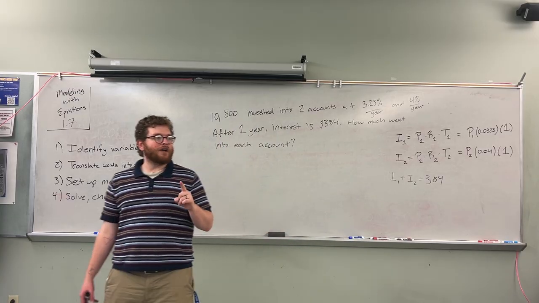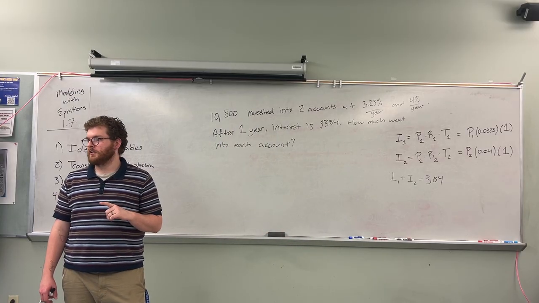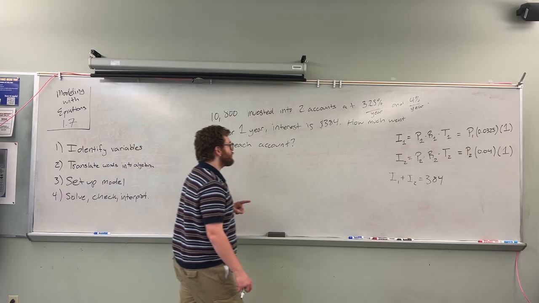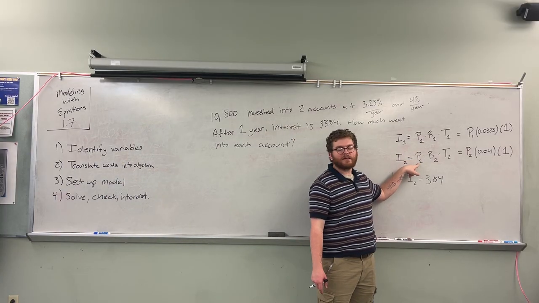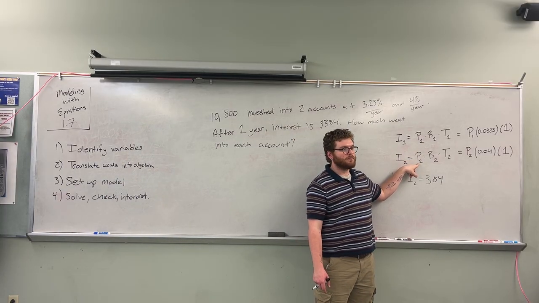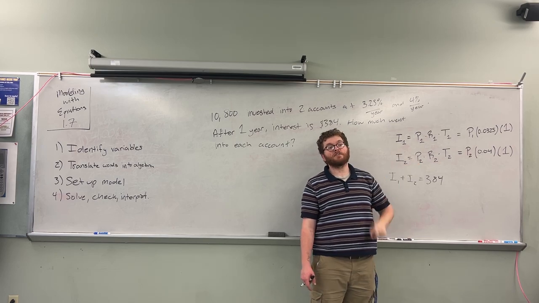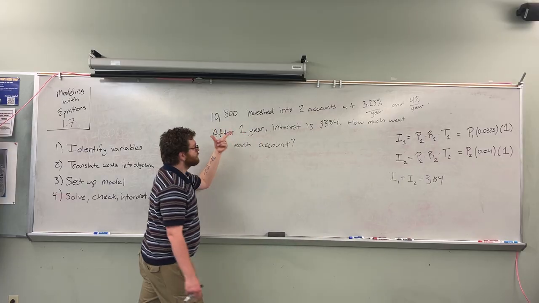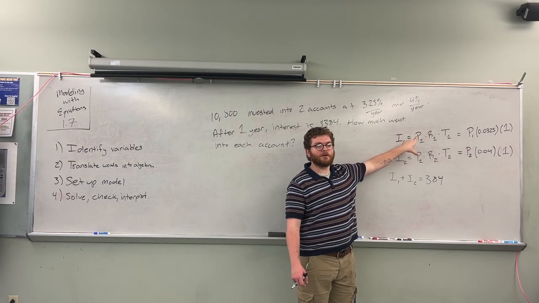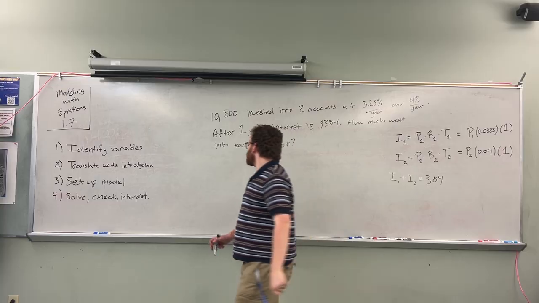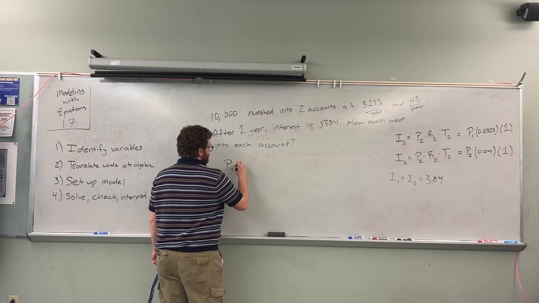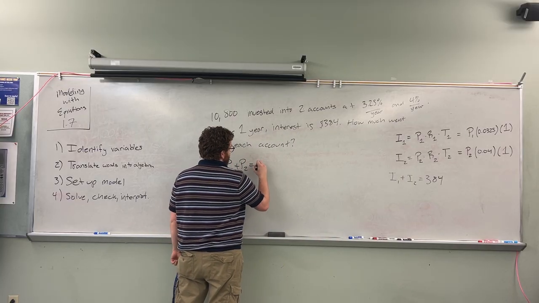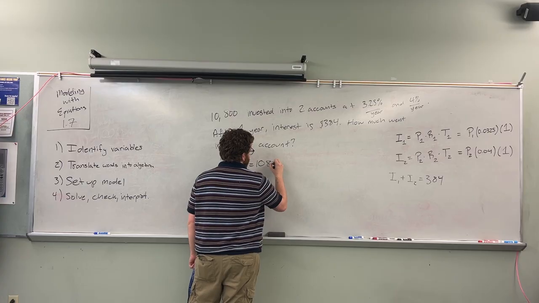I do, however, have a way to relate the 2 variables. What should P1 plus P2 add up to? 10,800. Right, I took my original amount, I split it into 2 principals. So it should be the case that P1 plus P2 equals 10,800.